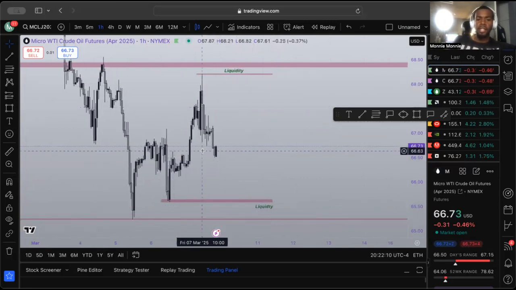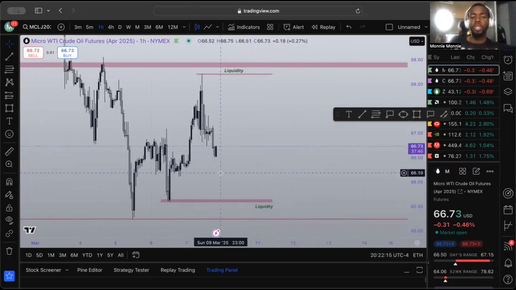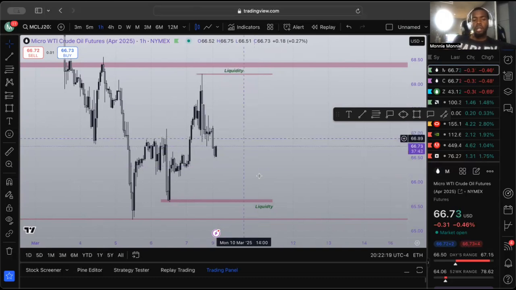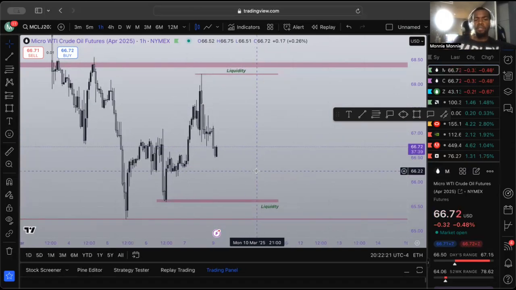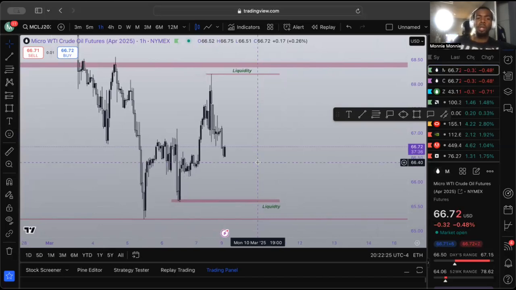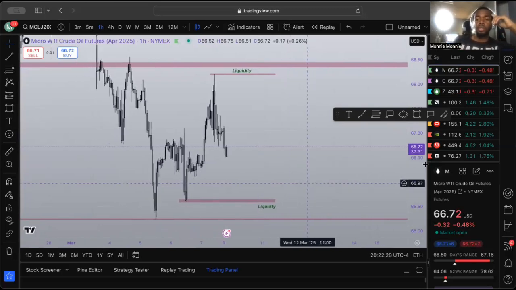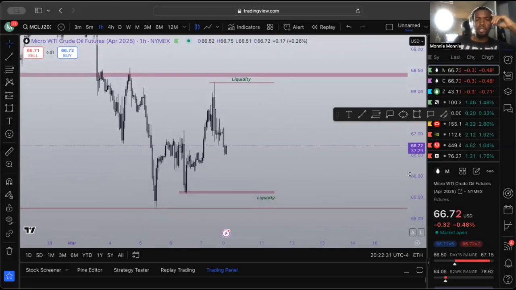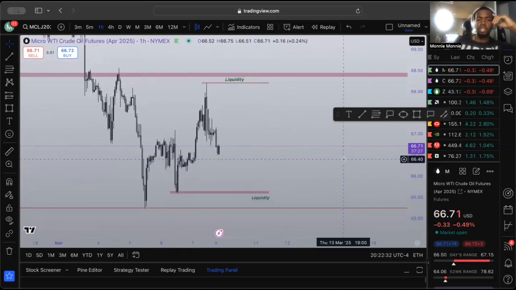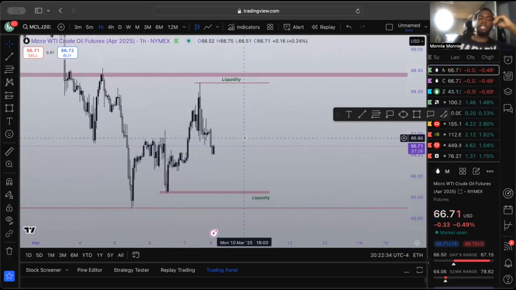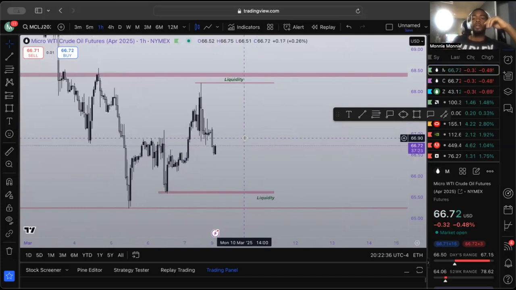So knowing that, you can already anticipate where you feel price may be pushing once more in the week begins to set. But as of right now, this is the chart, this is the markup, this is what I'm looking at as far as crude oil goes. And crude oil is all I trade. So this is the only thing I'm looking to be taking trades on this week.